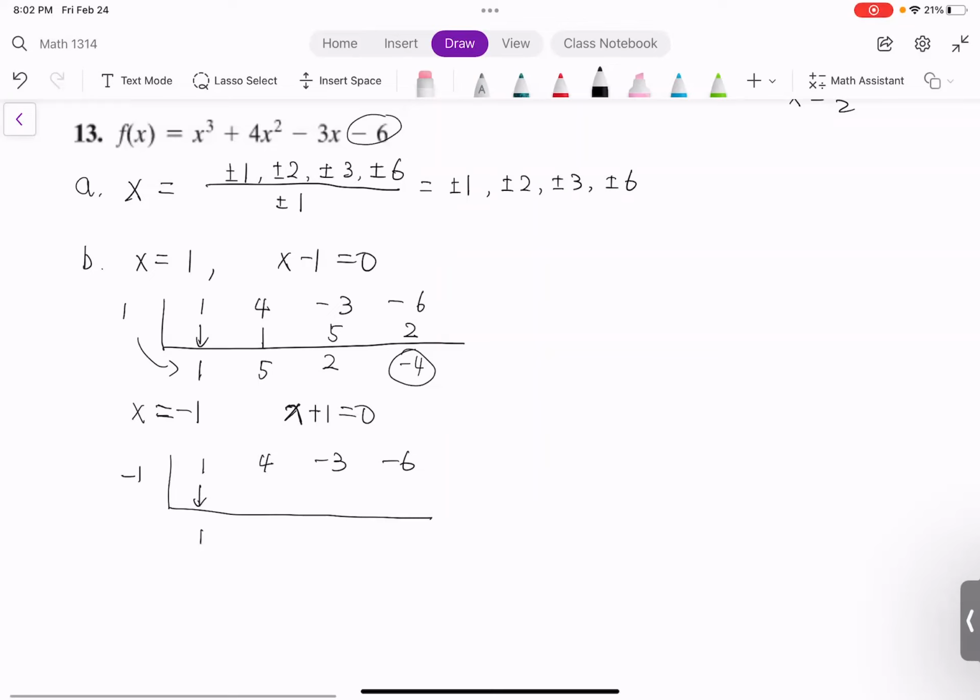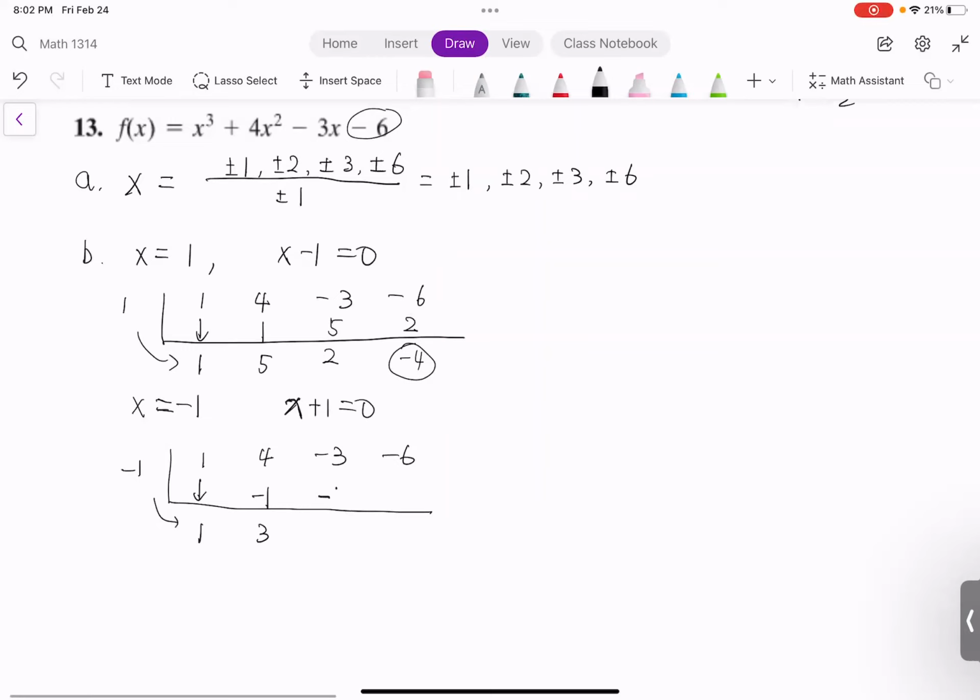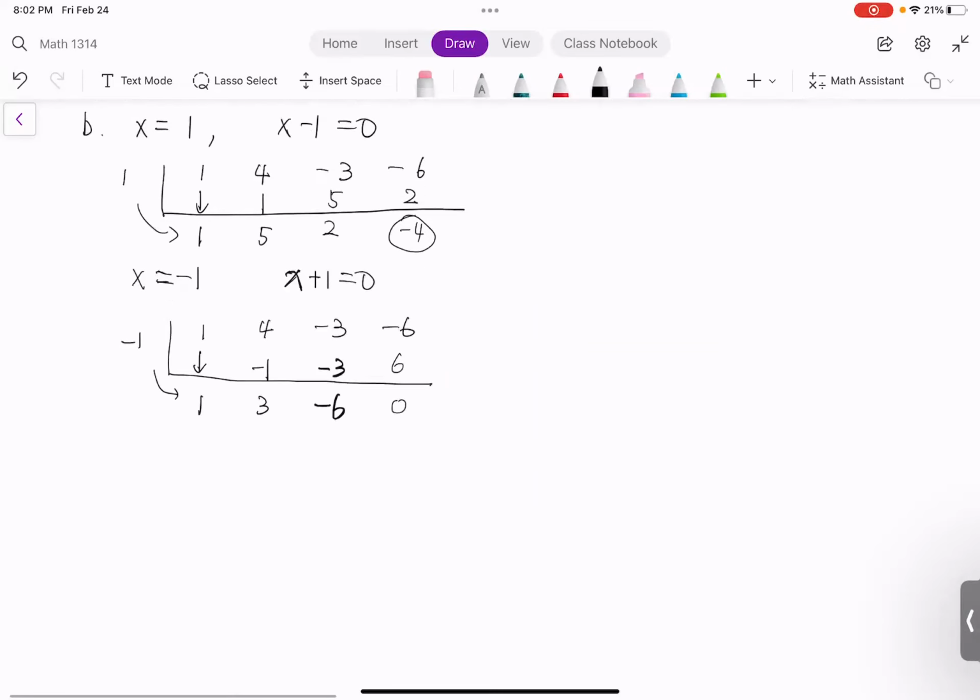Bring down the 1. Do the multiplication. -1, 4 plus -1, +3. -1 times 3 is -3. -3 plus -3, -6. Take the multiplication. -1 times -6, +6. Yay, we got 0 here.